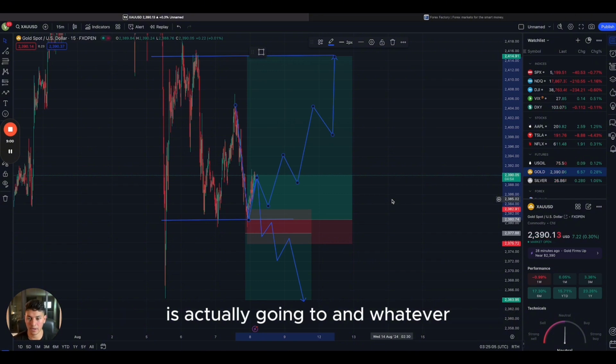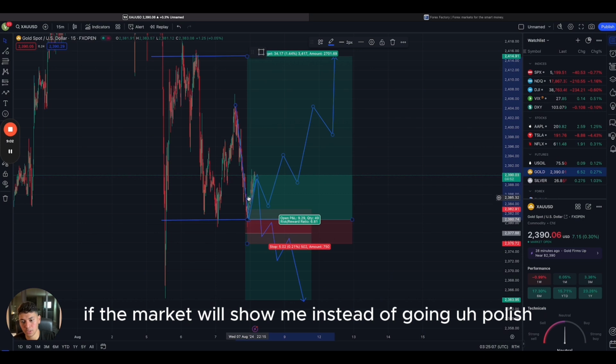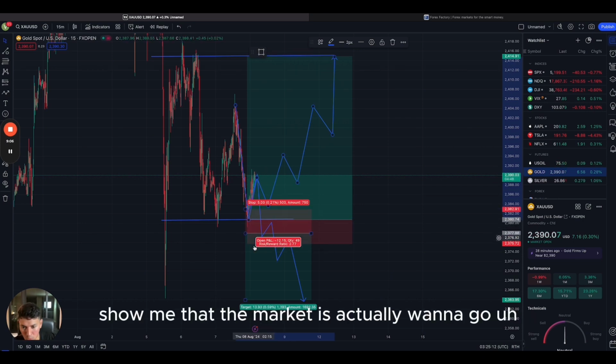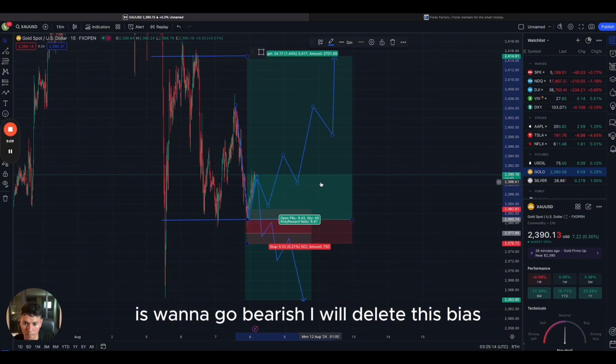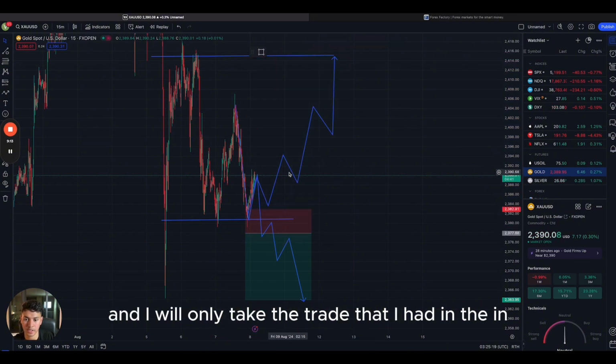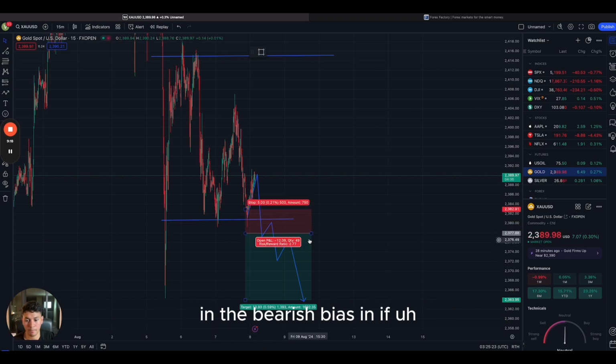And in this case, if instead of going bullish the market would show me that it's going to go bearish, I would delete this bias and only take the trade that I had in the bearish bias.